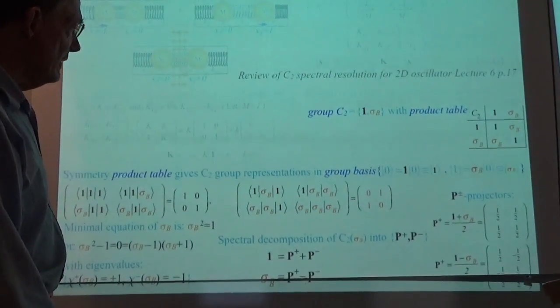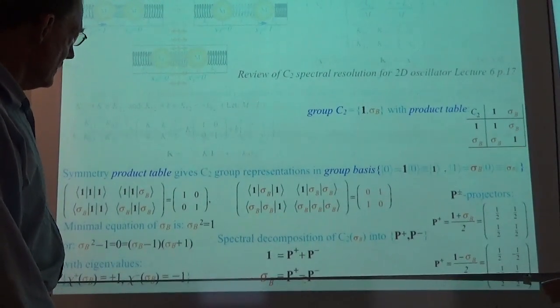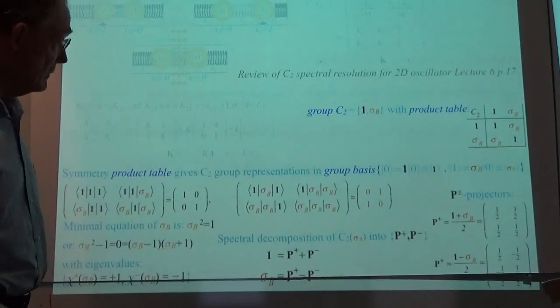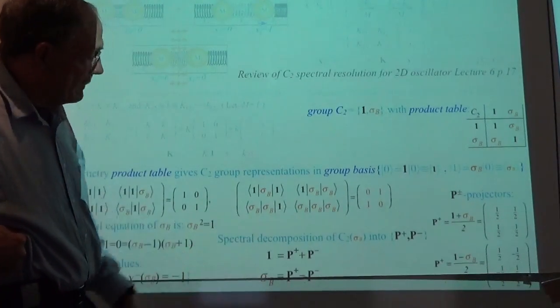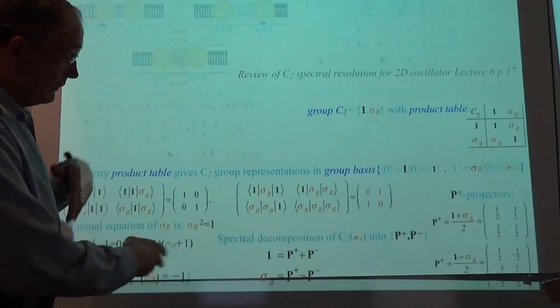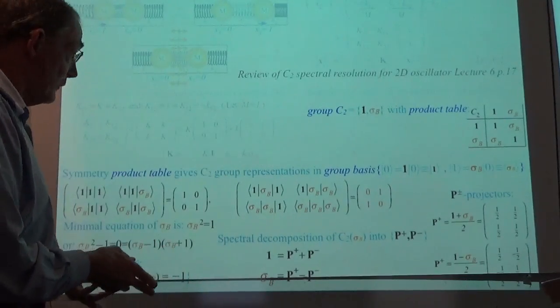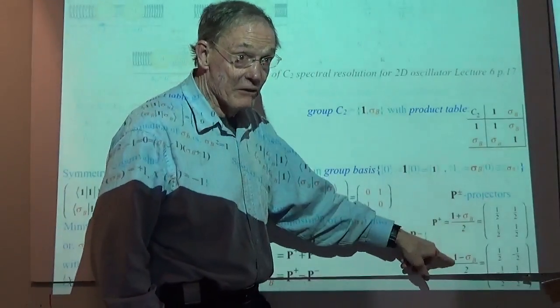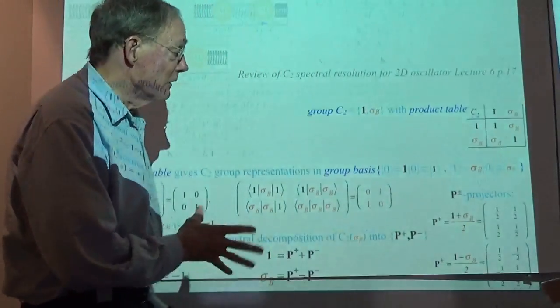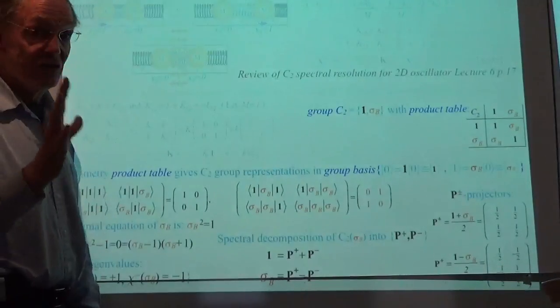Let's see if there's anything else that I need to say. I think that, unless you can think of another question, this is the main thing that we're after, a spectral decomposition. We'd also like to be able to invert those, that is, give the projection operators in terms of the group operators, you see. But if we play our cards right, that's an easy task.